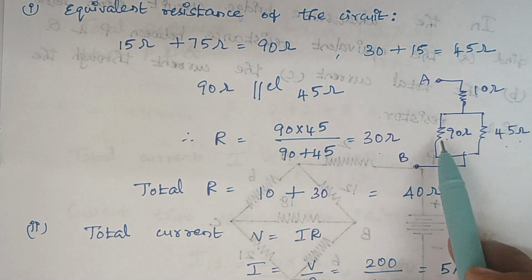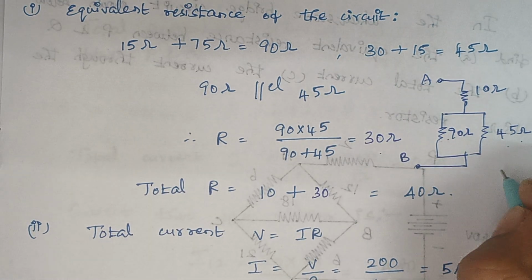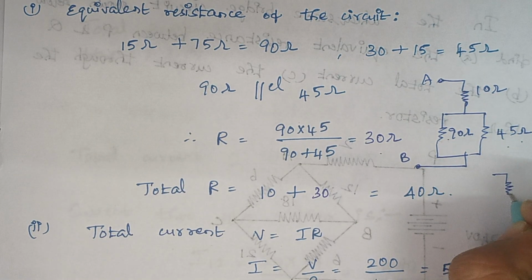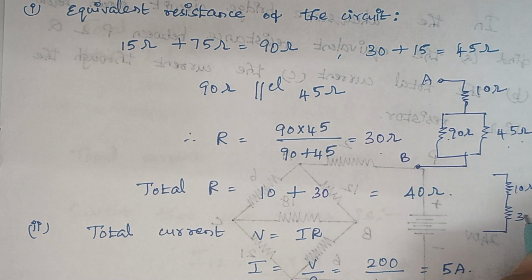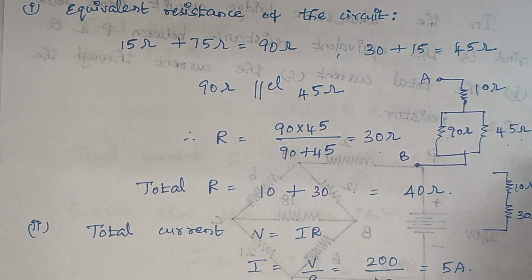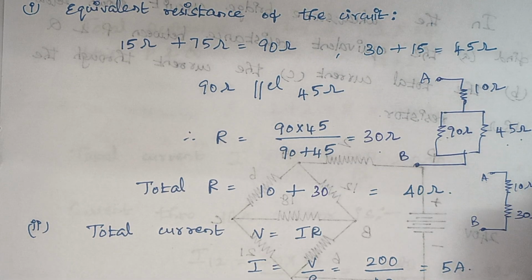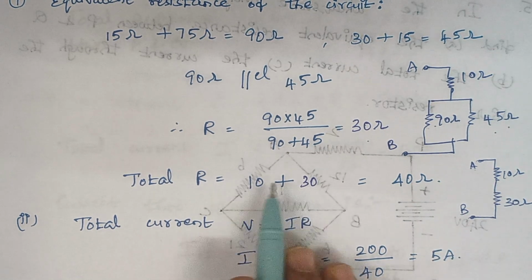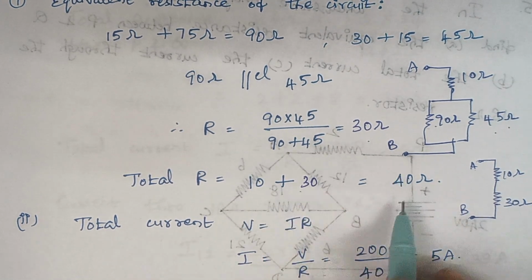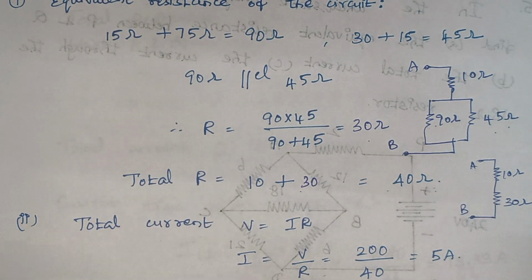When you simplify this, in place of these two resistors we will have our 10 ohm and our 30 ohm. This 10 ohm and 30 ohm are again in series. How to combine elements in series? You just have to add 10 plus 30. That gives the total value as 40 ohms. Therefore, the total resistance of the given circuit is 40 ohms.